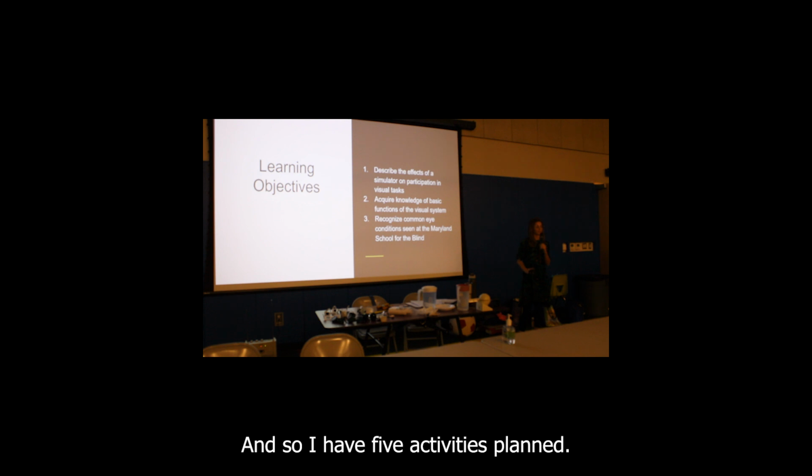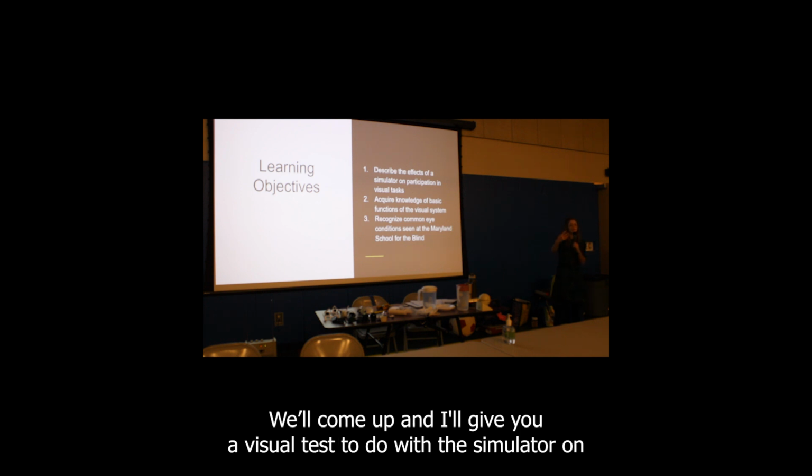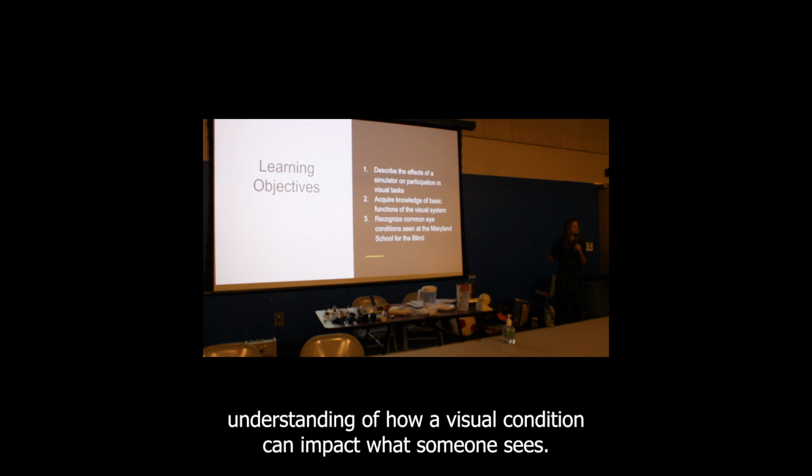I have 5 activities planned. I'll ask for 6 to 8 volunteers. We have enough simulators to have more, so it depends on your participation. You'll come up and I'll give you a visual task to do with the simulator on, to give you a little different understanding of how a visual condition can impact what someone sees.